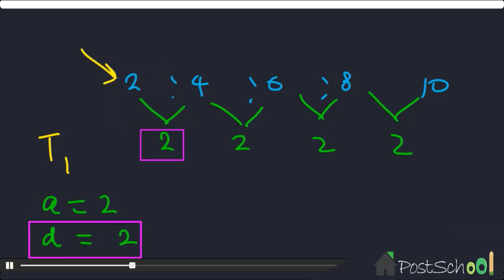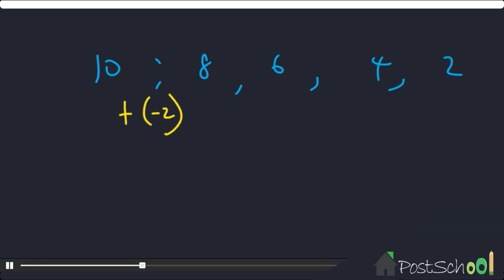But we can also have other types of arithmetic sequence whereby we have 10, 8, 6, 4 and 2. You can see also this is arithmetic, since we are adding -2 from 10 to get 8, and then we also add -2 to get 6 and so on.